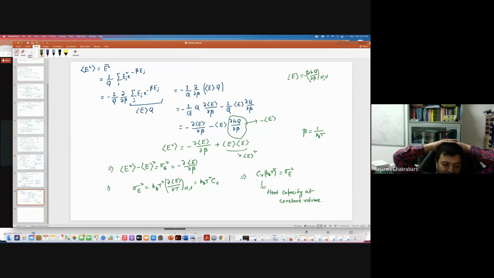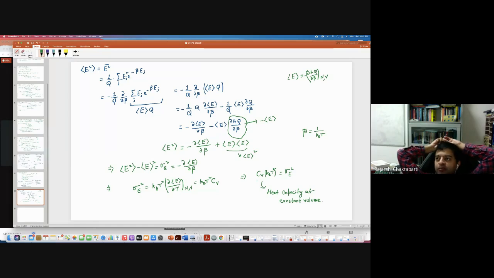You're adding heat and then looking at the response of your system, but your system is in equilibrium. In this case, it is the heat capacity at constant volume, which is obtained from the mean square fluctuation or deviation of your internal energy.